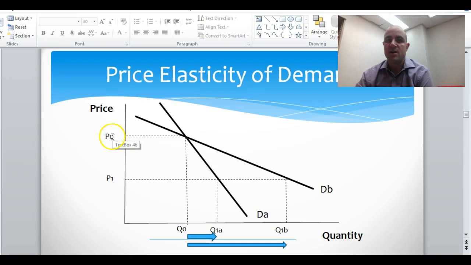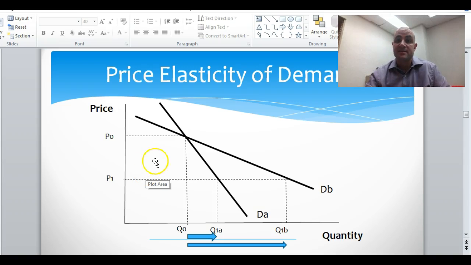Let's say we have the case where we have one price change with two demands. So we have demand A and demand B. In both cases, we're going from P0 to P1. And let's just assume that the P0 price has the same quantity demanded for both demand curves.